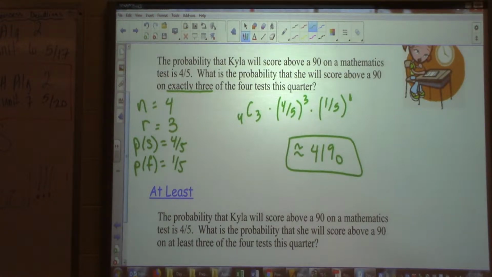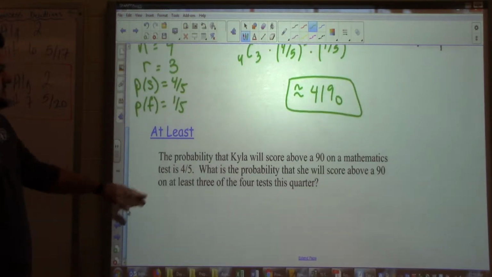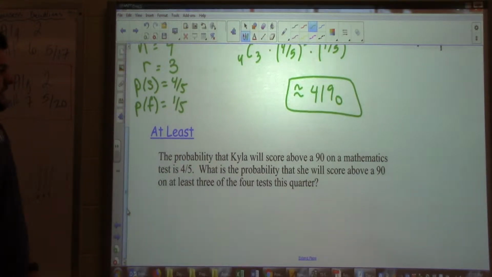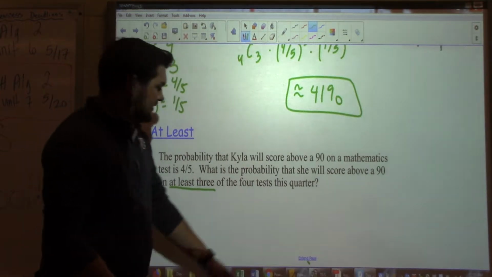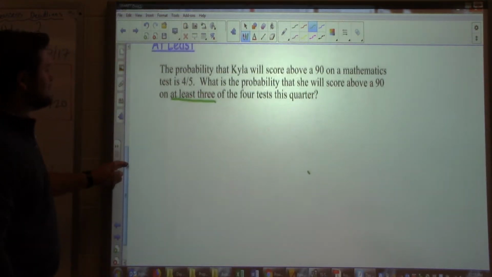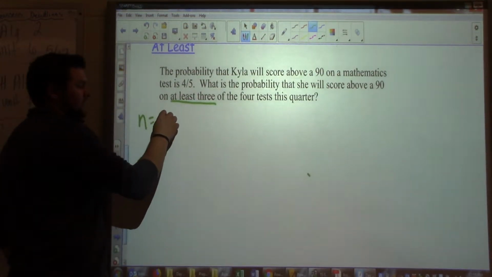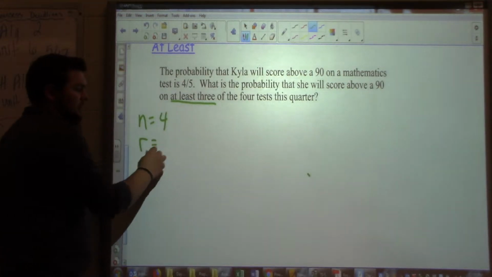Exactly 3 of 4. Well, what if we change the problem to say, same sort of thing, she'll score above a 90 on a math test, still 4 out of 5. Probably she'll score above a 90 on at least 3 of the 4 tests. So at least 3 means my n is still 4. What's my r value now?